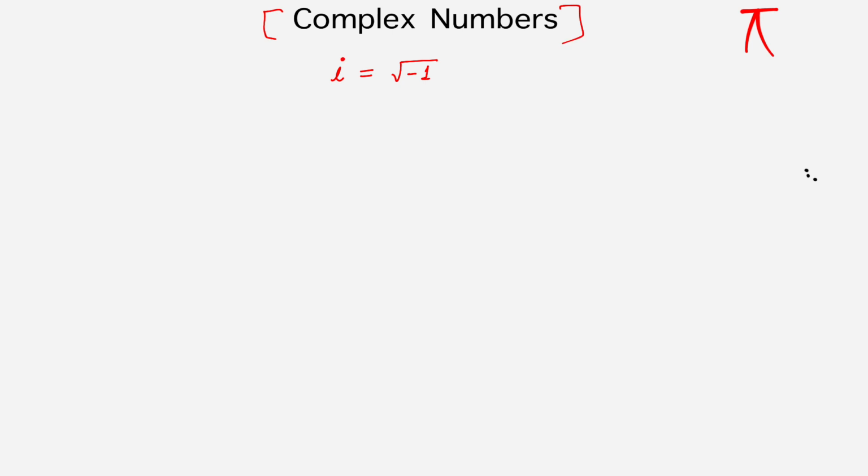A complex number is represented by Z, and that is equal to A plus iB. Here, A and B are real numbers.